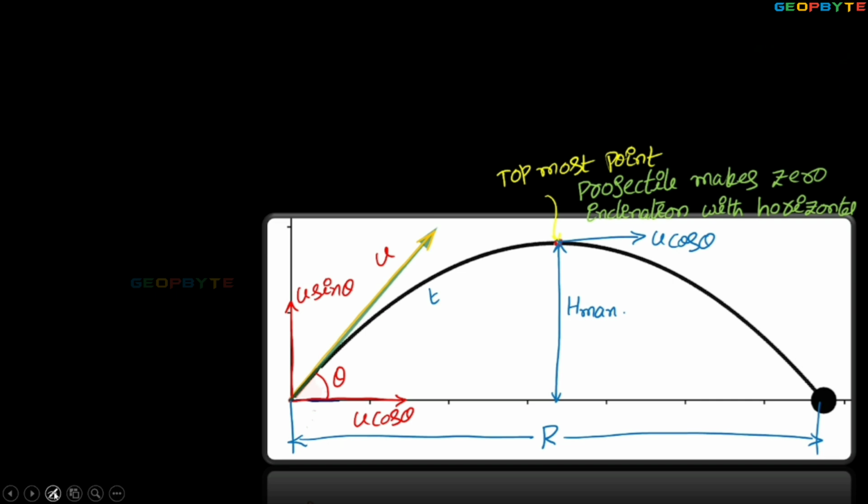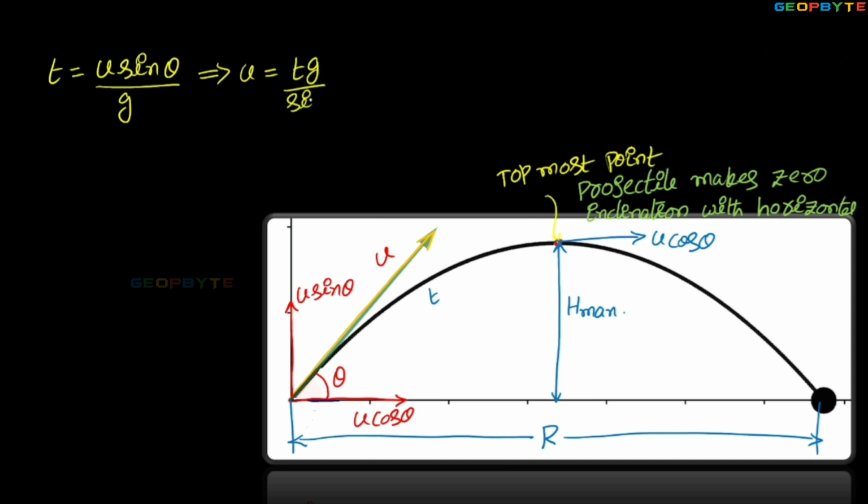Now, as we know, the time of ascent t equals u sin theta by g. This is the formula. From this I can write that initial velocity u equals tg by sin theta. Then what is the horizontal range? Horizontal range R equals horizontal component of velocity into the time of flight.